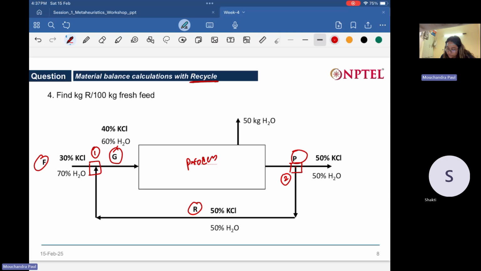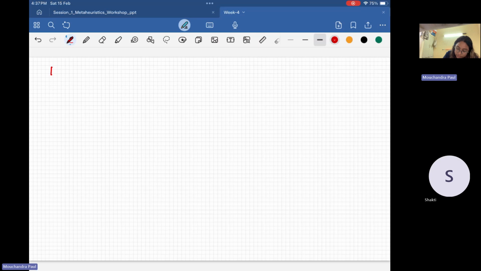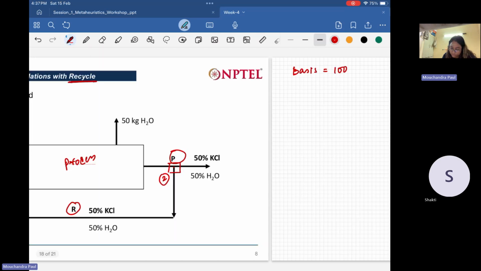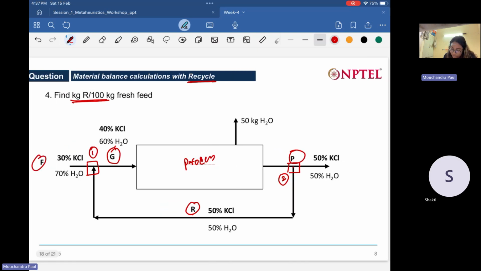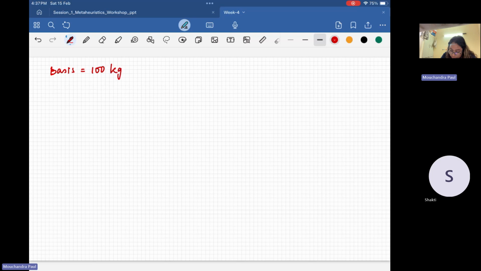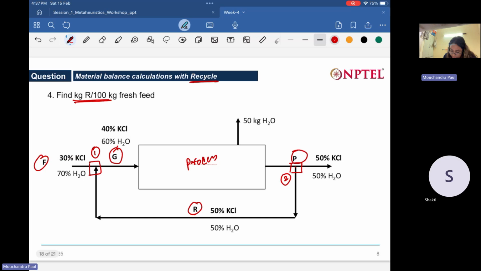First we have to consider a basis. Let's consider a basis of 100 kg, because we have to find the value of R in kg per 100 kg of fresh feed. So let's take a basis of 100 kg of fresh feed. Here fresh feed is F.